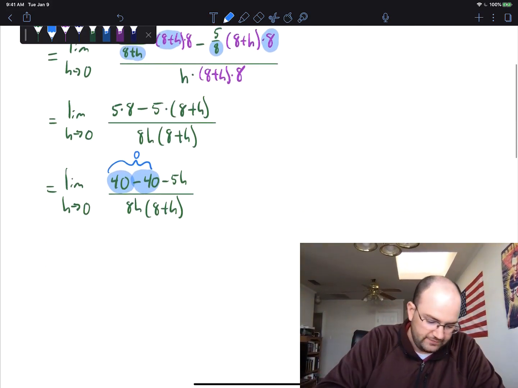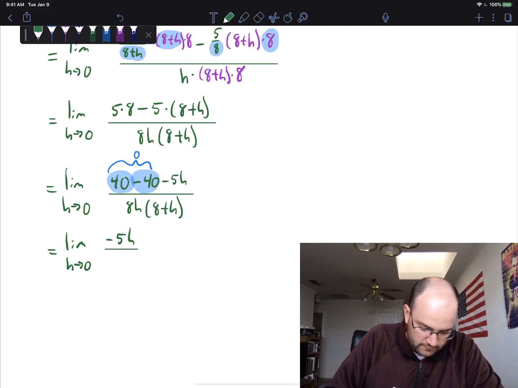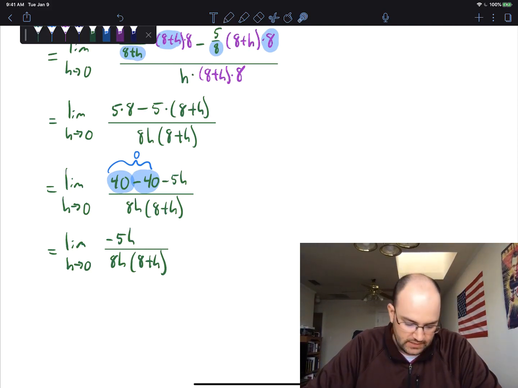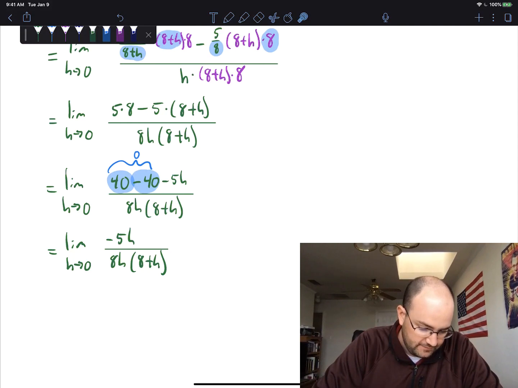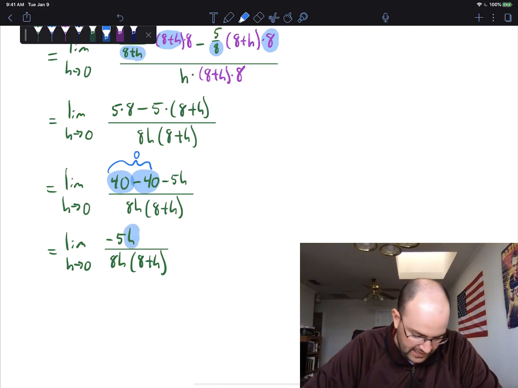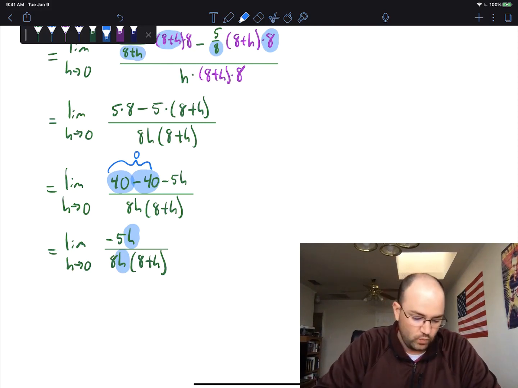So really what we're left with here is the limit as h goes to 0 of negative 5h all over 8h times 8 plus h. Awesome. Now notice that we now have a common factor of h in both the numerator and denominator, so they cancel each other as well.